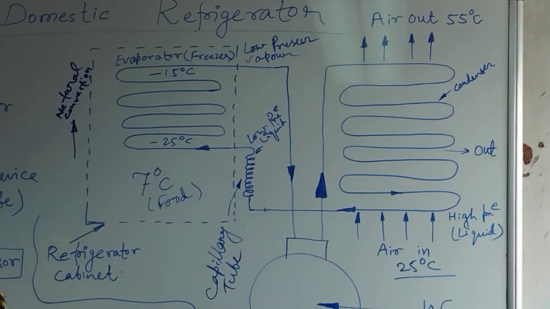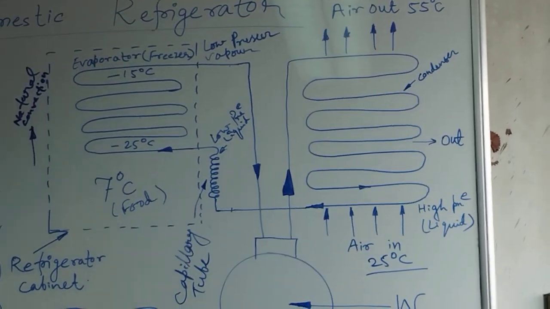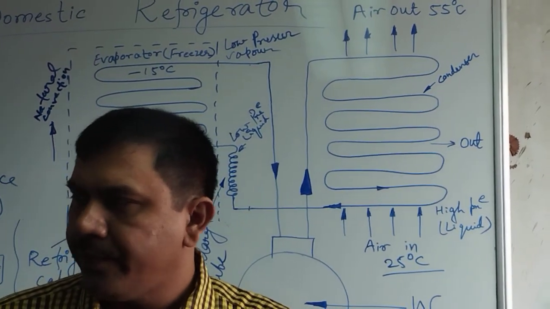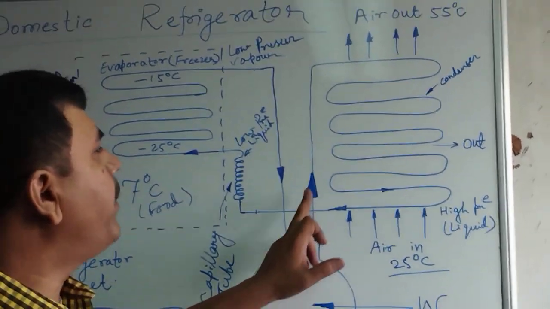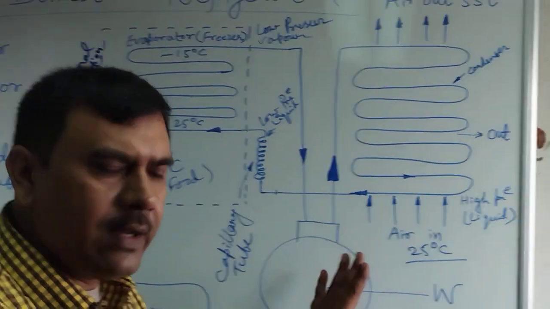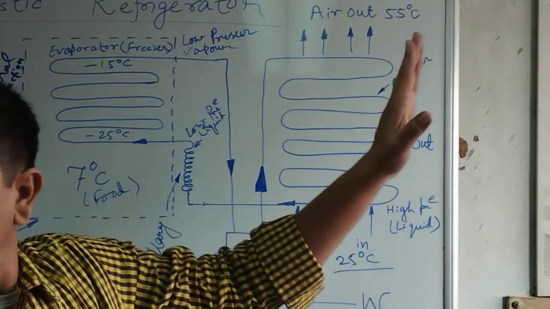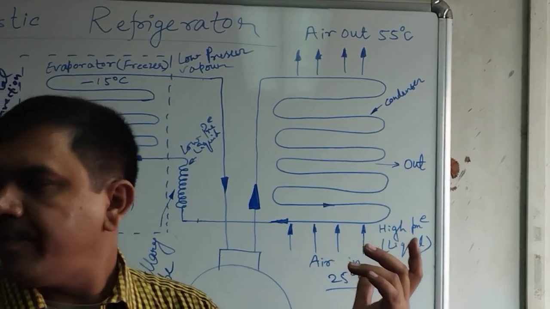Now, the low pressure vapor comes to the compressor. Here the vapor is compressed, and the motor and compressor are combined together. The compressor compresses the refrigerant, which is in vapor state, to high pressure.